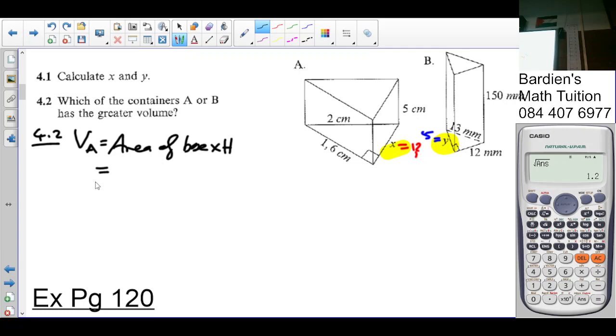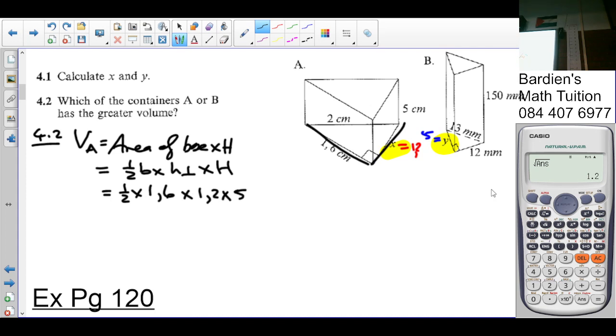Alright, so how do you calculate the area of a triangle? Half base times perpendicular height, times the depth of the object. Let's look at the 90 degrees, people, and do the relation there.